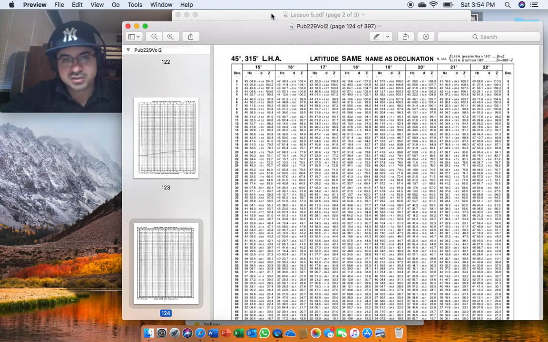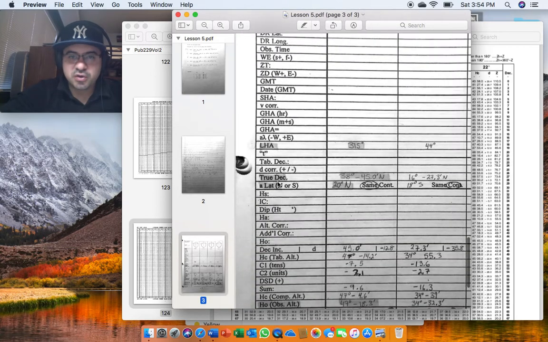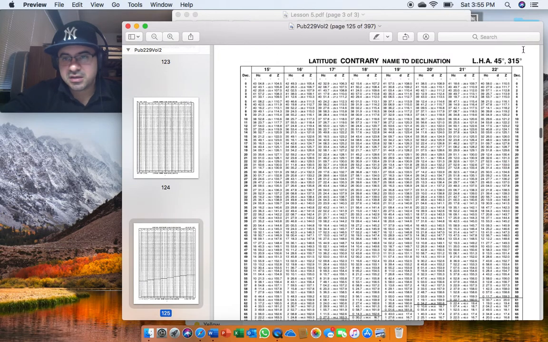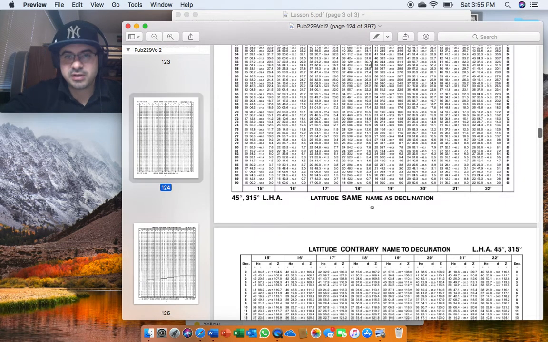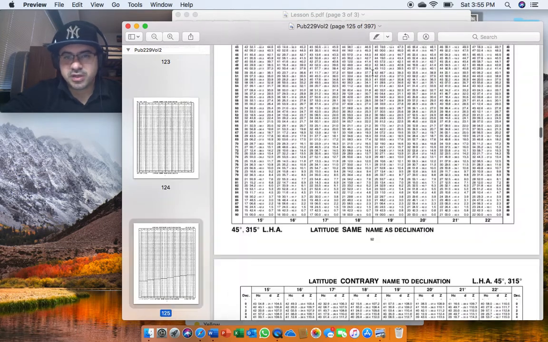If not, then contrary. What do I mean by that? Your true declination is 38 degrees 45 minutes north, and your A latitude is 20 north. So it's the same, so you're going to be using the same. If it was opposite, we would be using the contrary one. You see, contrary, the same. All right, so we are on the same, right?